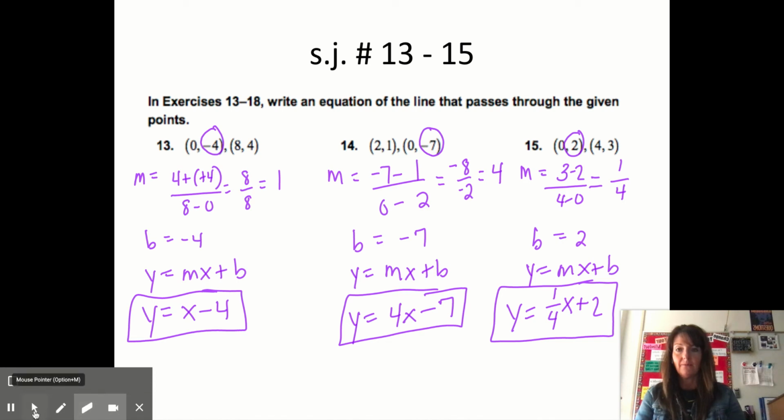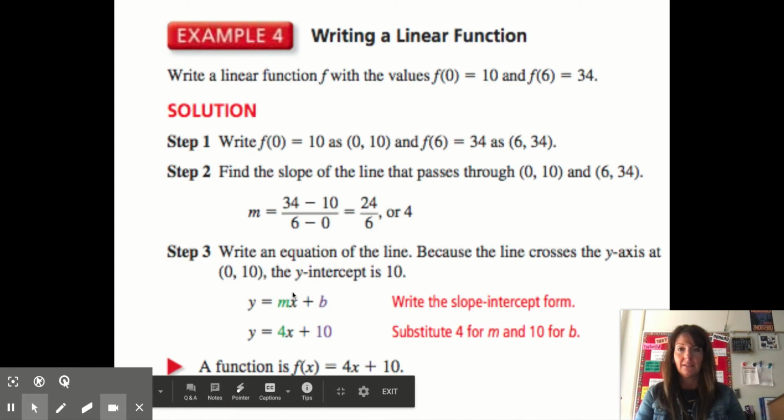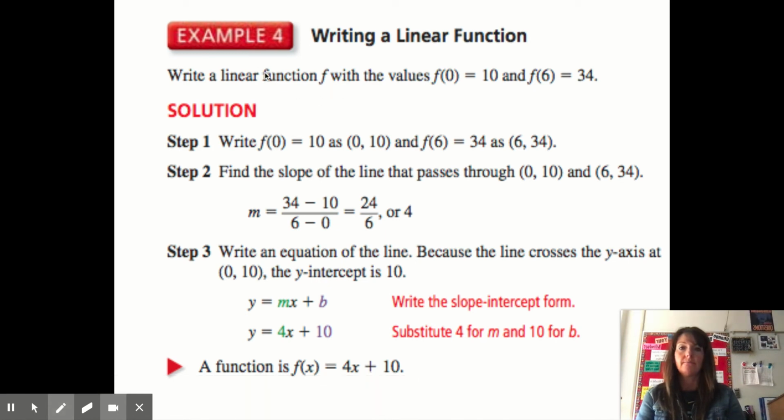Now we're going to get into some function notation. So if we're going to write a linear function, we just want to use the function notation instead of the y. So we're given these values. We have f of 0 equals 10. Remember that we're talking about f of x, a function of x, and the x is the independent.